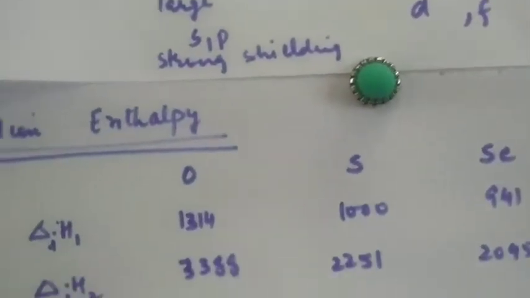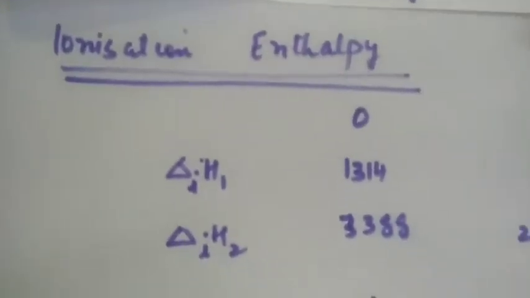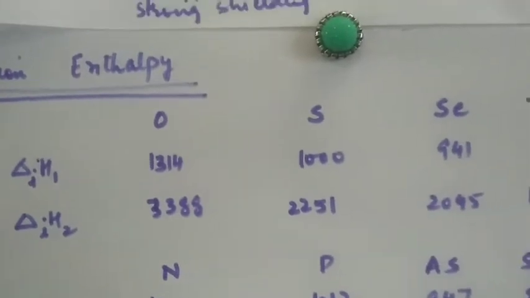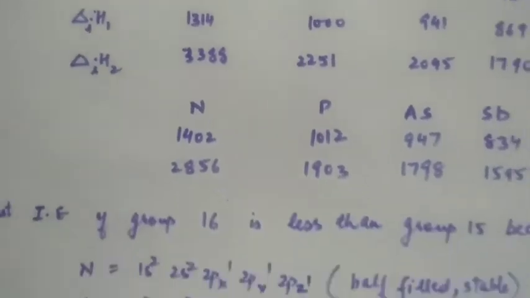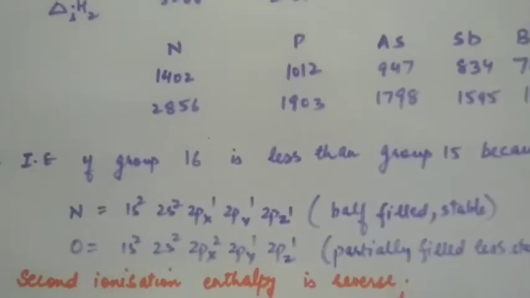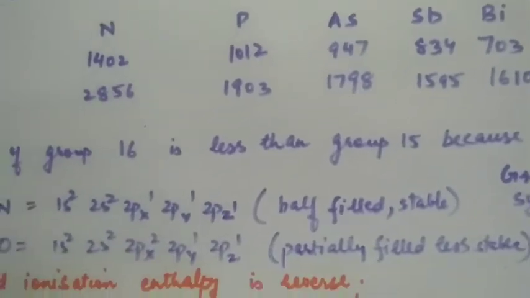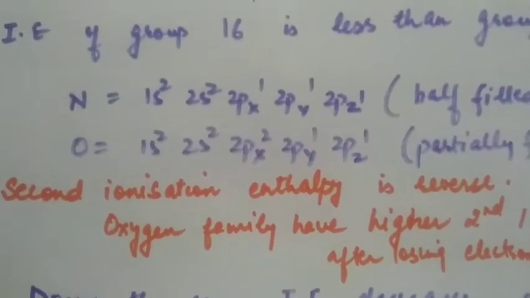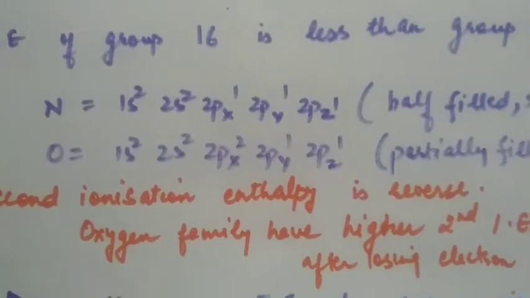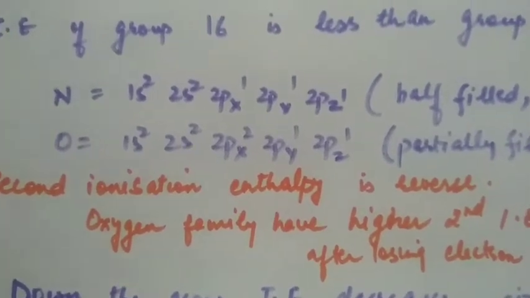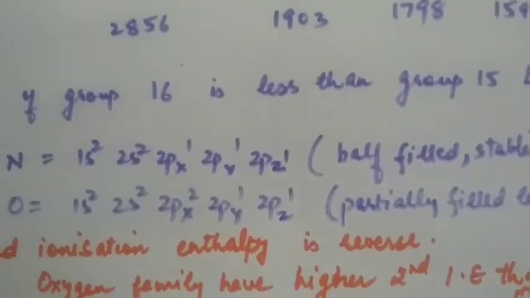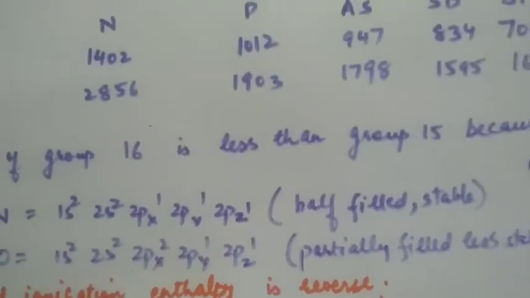Next is ionization enthalpy. The first ionization enthalpy value of Group 16 is less than Group 15 because, for comparison, Group 15 has the configuration where 2p is half filled, and half-filled configuration is stable, whereas in oxygen it's partially filled, with electrons more than half filled.